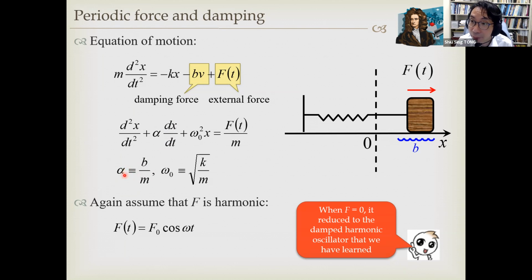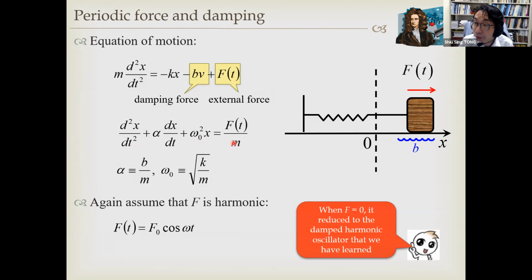So again, we use this convention. This is the constant alpha, which characterizes the amount of damping. And v is just dx/dt, right? And as before, we define k over m as omega naught squared, where omega naught is the natural frequency.